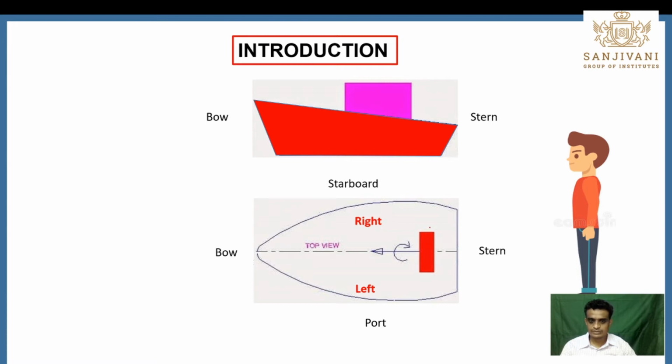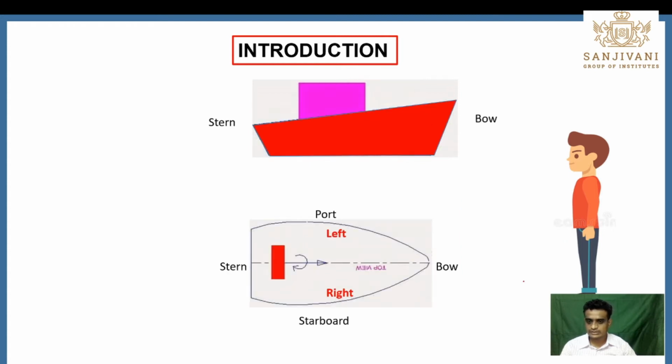Now, you are looking from the stern end, the observer is standing over here. The observer remains the same, looking from the bow end. Here we fix the observer constant and only change the orientation of the ship while doing this gyroscopic analysis.